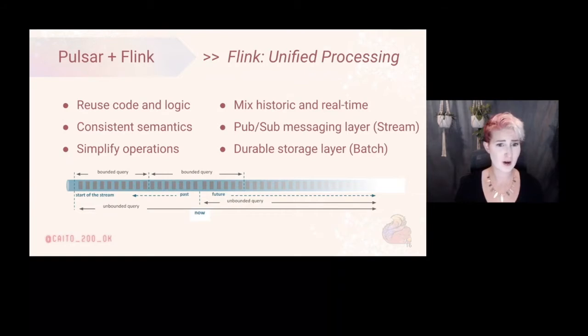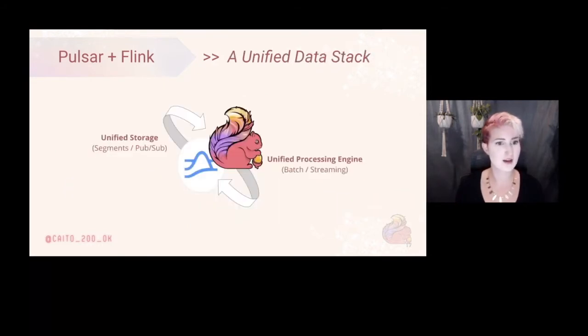It means you can simplify your operations by keeping configurations and processes consistent across systems. And it enables people to mix historical and real-time data. So if you want to bootstrap a job with historic data and then switch to consuming it as a stream once you've caught up, then you're golden. It's a great system for that.